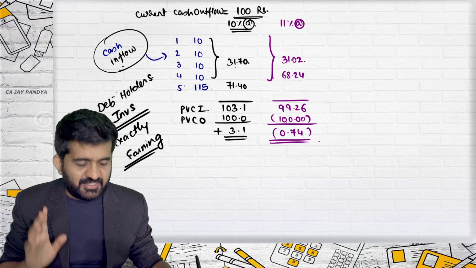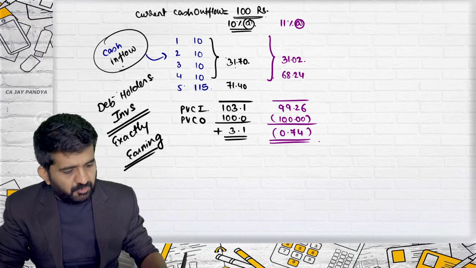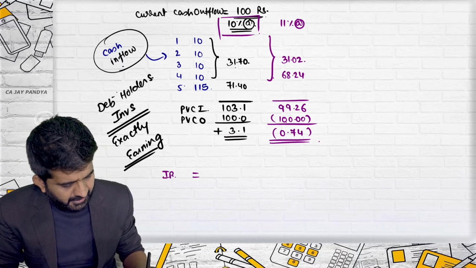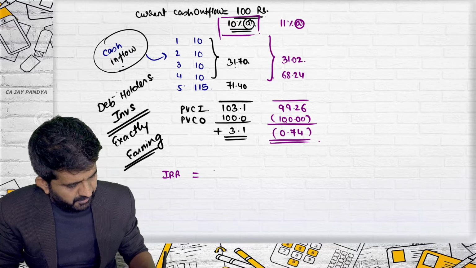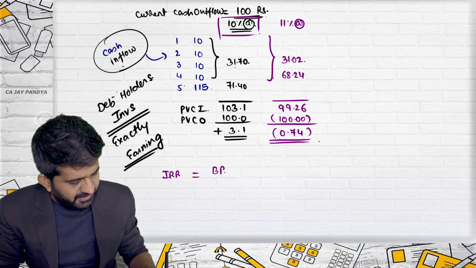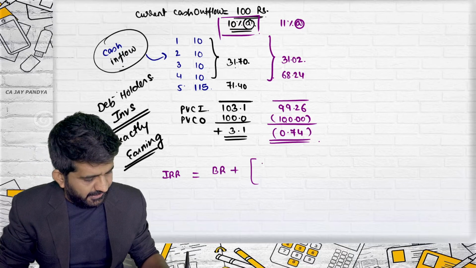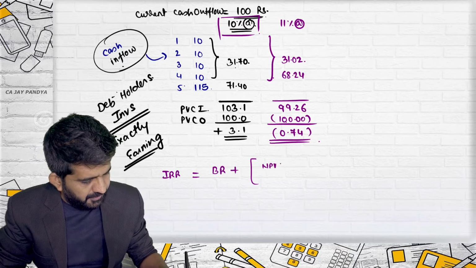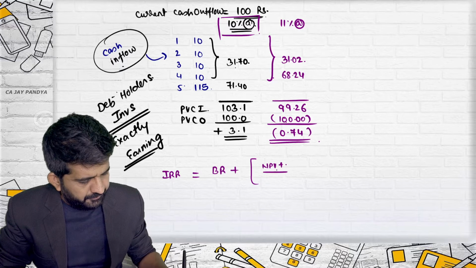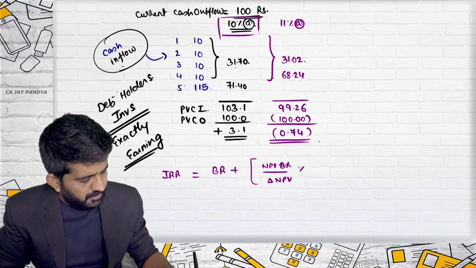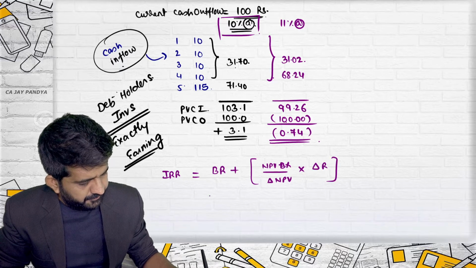I need to find out the exact answer. How do I find out IRR? I take 10% as a base rate. IRR is equal to base rate plus, in the bracket, NPV at the base rate, difference in NPV, multiplied by change in rate.